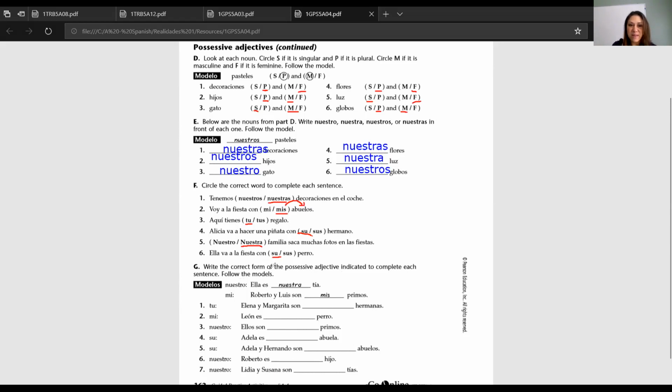All right, so down here now on this part, write the correct form of the possessive adjective indicated to complete each sentence. It's telling you the form, and you're going to have to pick the correct adjective. For example, on the model, it tells you nuestro.